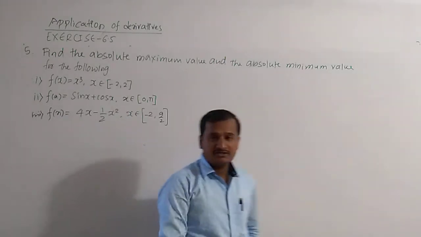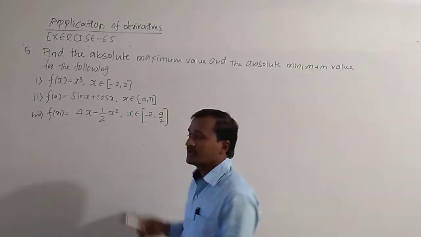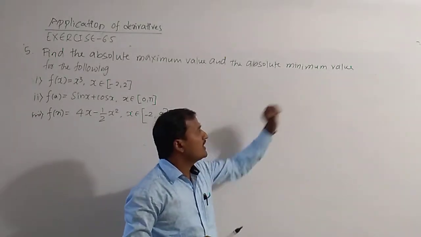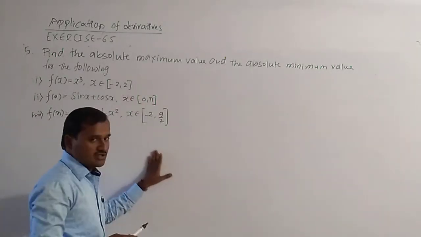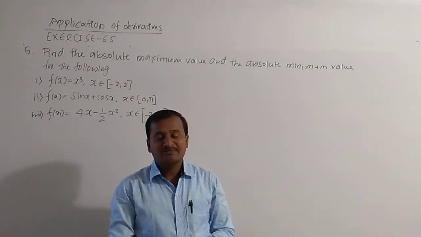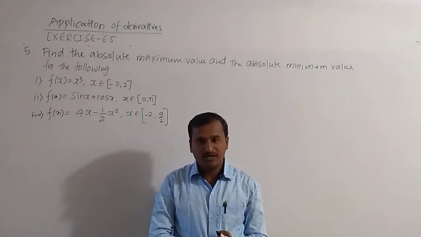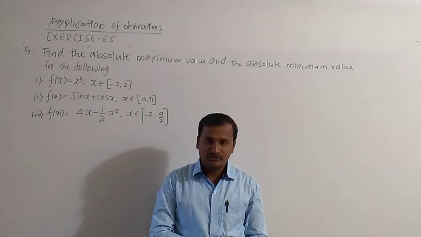Okay. Next, fifth question. Find the absolute maximum value and the absolute minimum value of these functions. Right. So we already discussed the local maxima and local minima, and to find them we use the second derivative test.